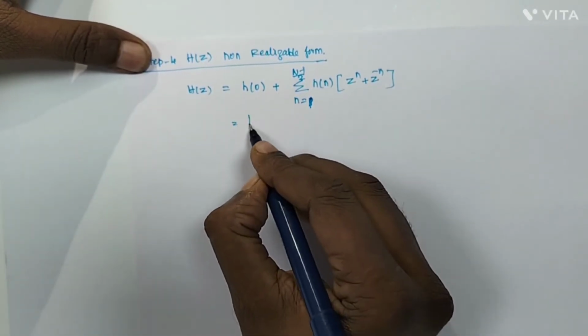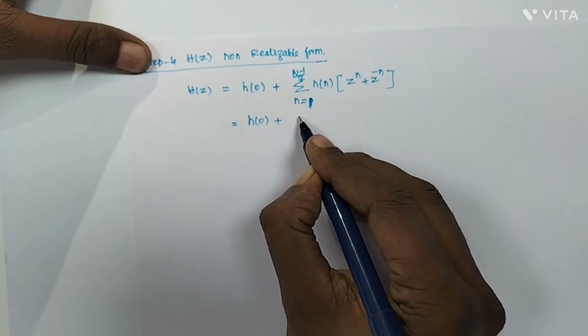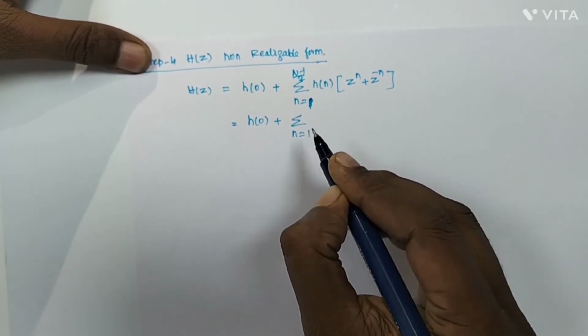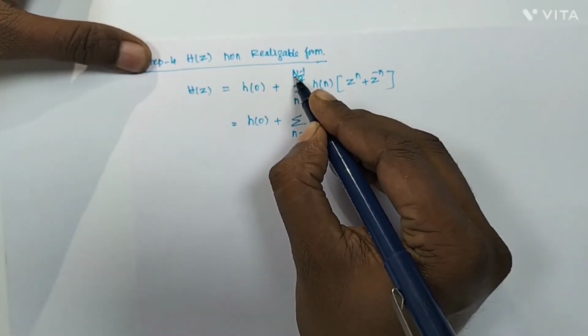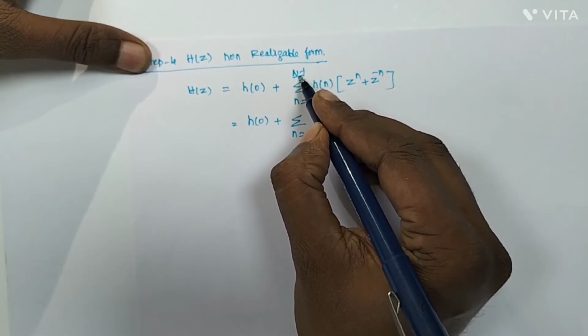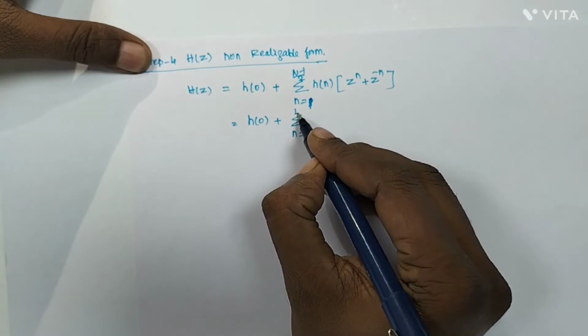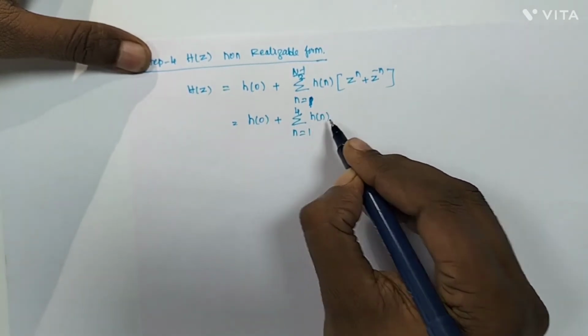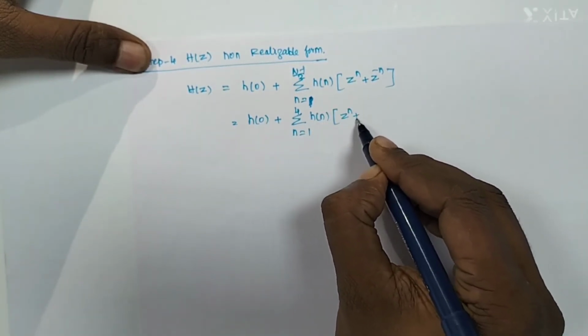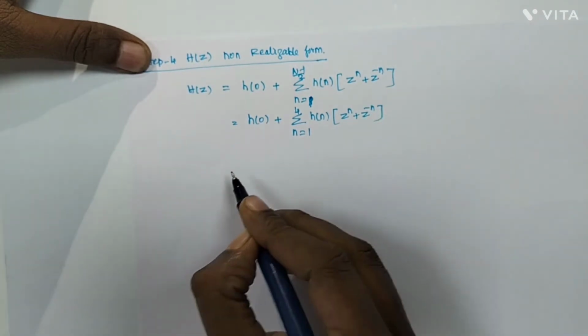Here the n value is 9. So 9 minus 1 by 2 is 4. That is, summation n equal to 1 to 4 of h of n into z power n plus z power minus n.